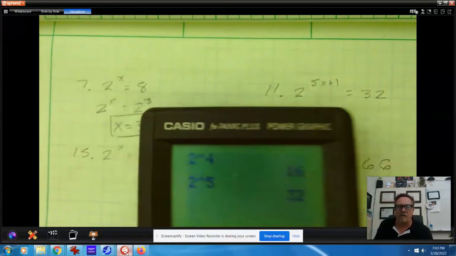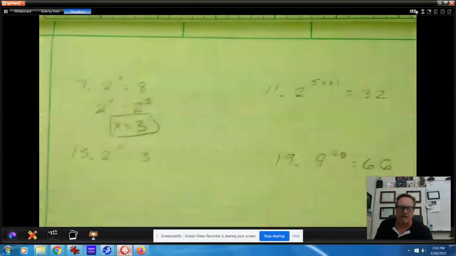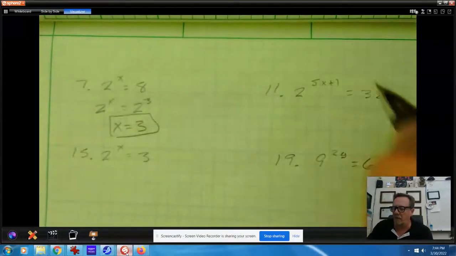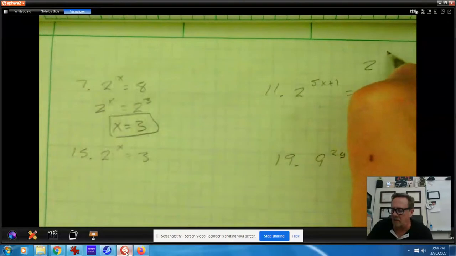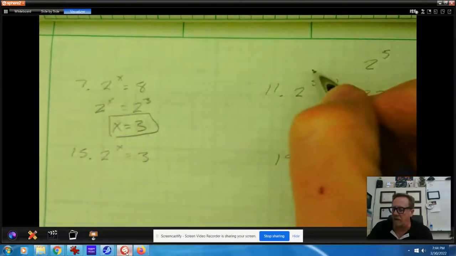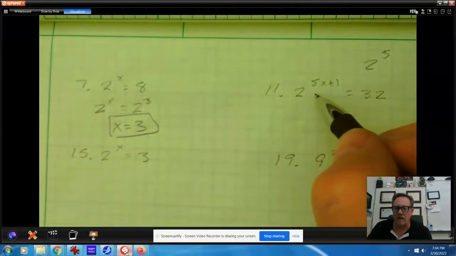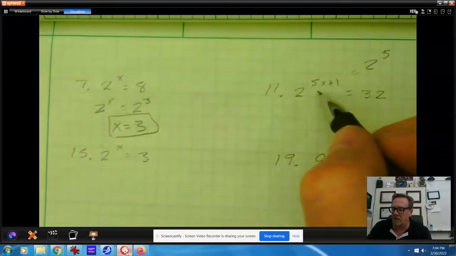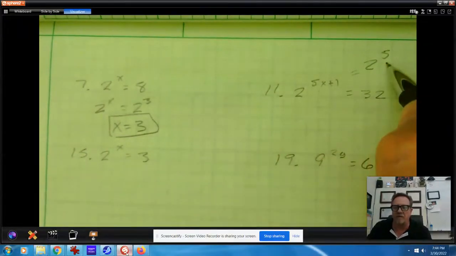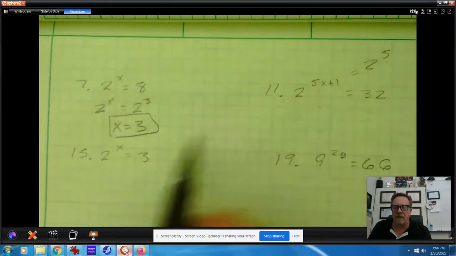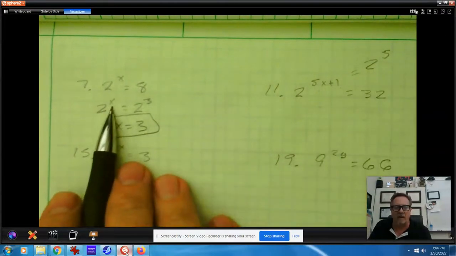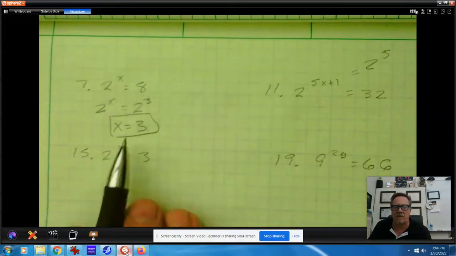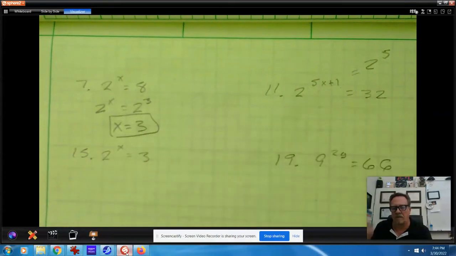So knowing that 2 to the fifth is 32, I'm going to rewrite my 32 as 2 to the fifth power. Now notice that if 2 to the 5x plus 1 is the same as 2 to the fifth, then just like we did over here, we can set these exponents equal to each other.